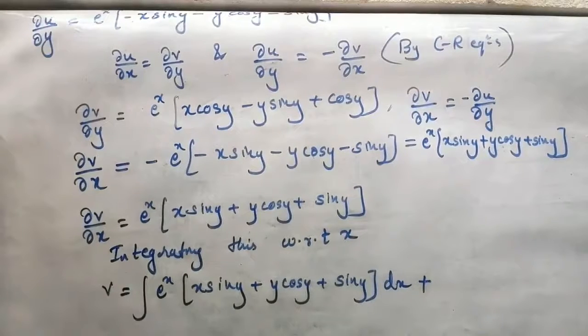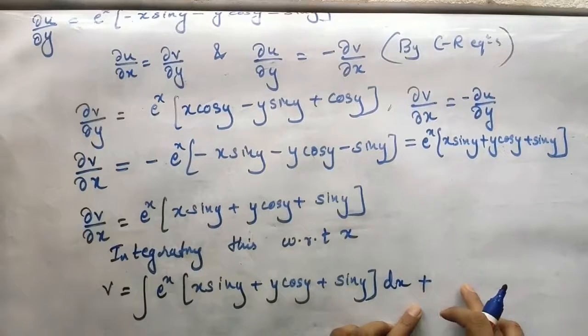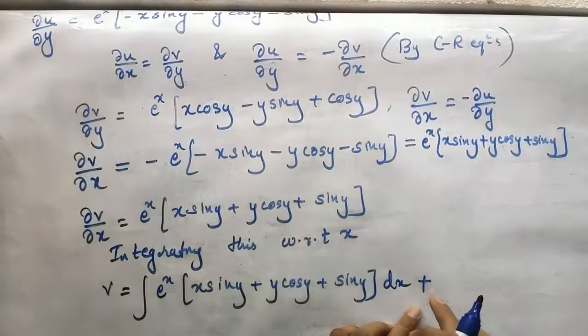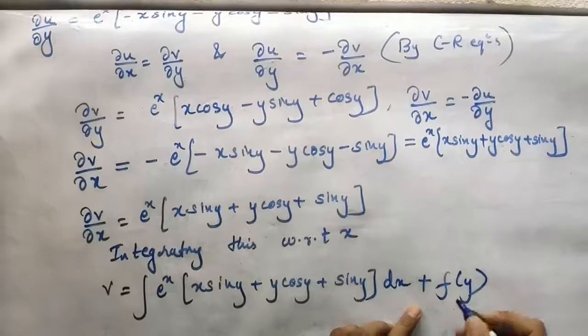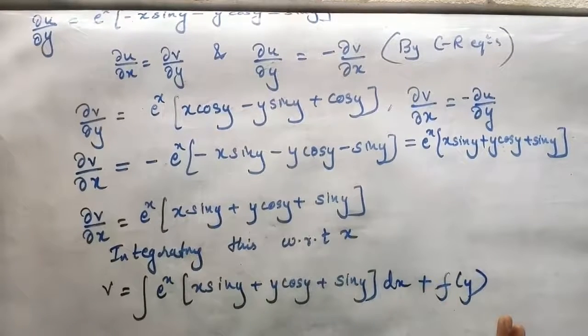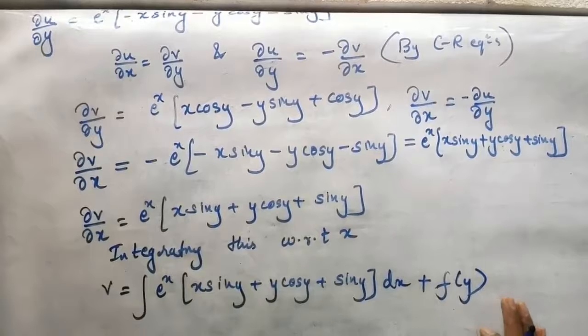Now since I am integrating only with respect to x, treating y constant, I cannot write an arbitrary constant. I must write a function of y as constant. So I will write it as f of y. Make a note: you should write a function of y, because you are treating y constant.